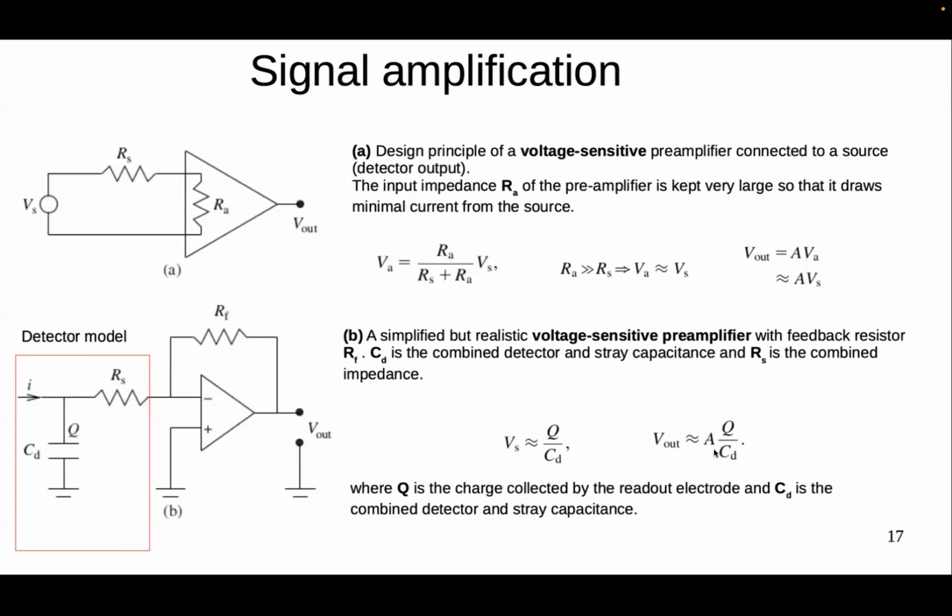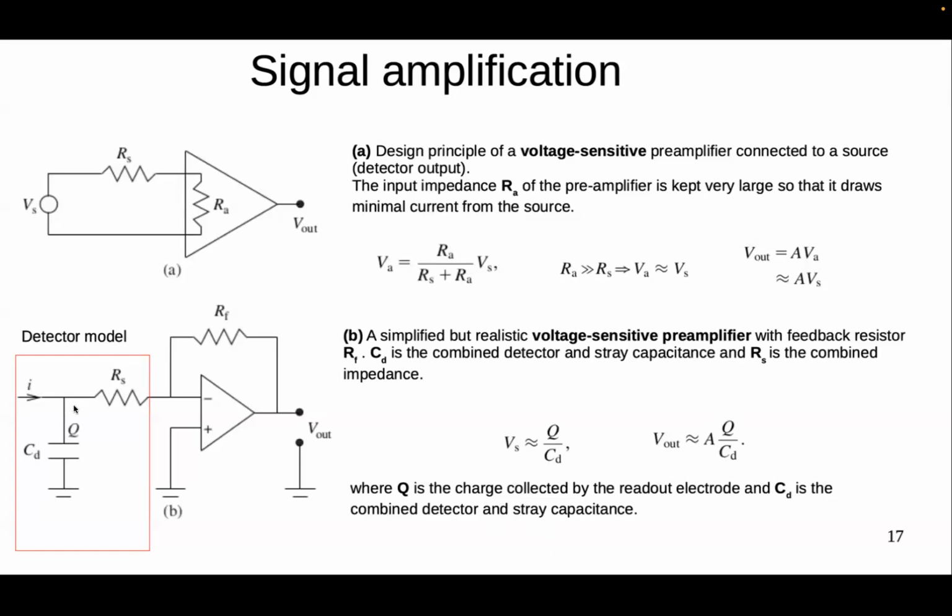And the voltage output will be the amplifier factor, actually this will be negative, times the charge delivered by the detector divided by the capacitance of the detector. Q is the charge collected by the readout electrode in any detector we have, and CD is the combined detector and stray capacitance.